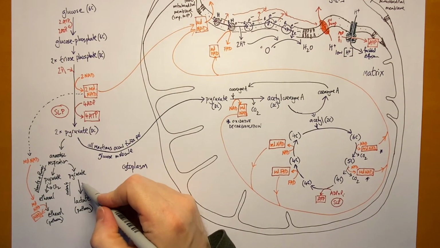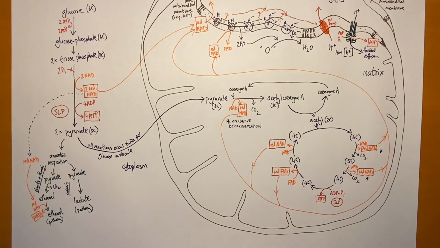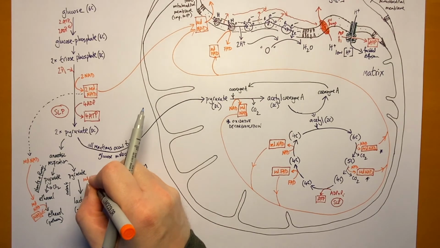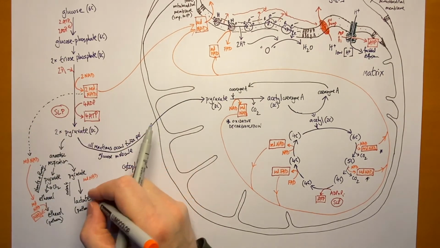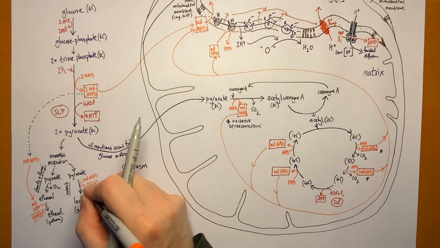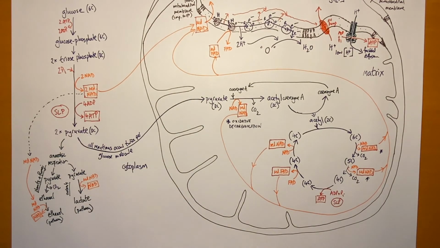But for pyruvate to be converted into lactate, it needs the reduced NAD. So I think if I try and draw that round there, it's going to be quite complex. And you get the reduced NAD that will be made here, giving its hydrogen to pyruvate to form lactate.